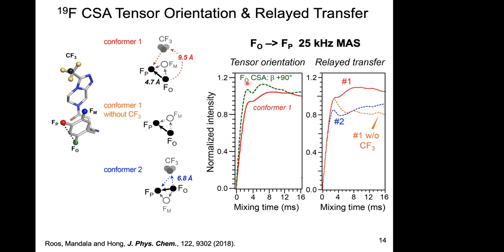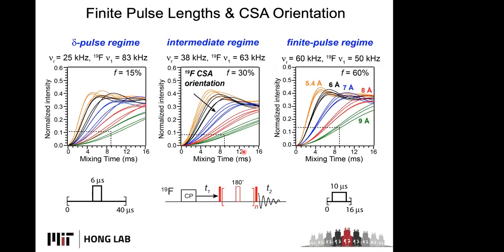So the green versus the red simulation is trying to show that changing the beta angle, which is one of the 3 Euler angles, by 90 degrees will affect things over a long time. So these simulations give us a sense of how the active dipolar recoupling is affected by the CSA tensor. There's a moderate effect, but not too much.